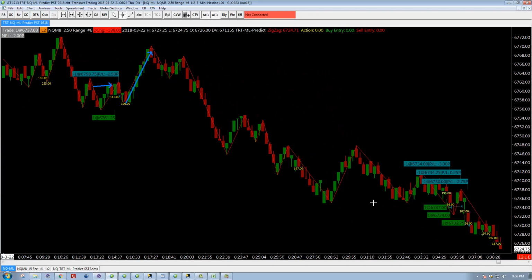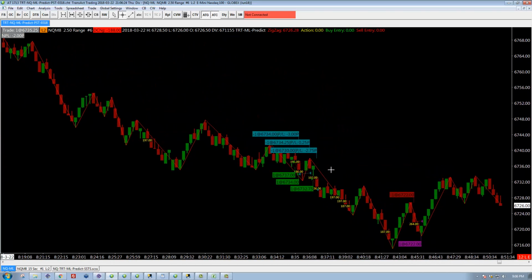And then this is ugliness here that I need to look at. There's a loss, and then a scratch, and then a loss, all trying to catch this turn here. I don't like that cluster of tries. I need to think about what that means in terms of behavior.